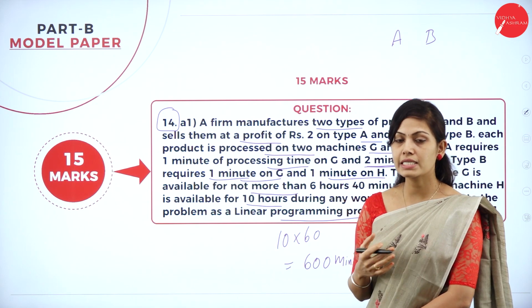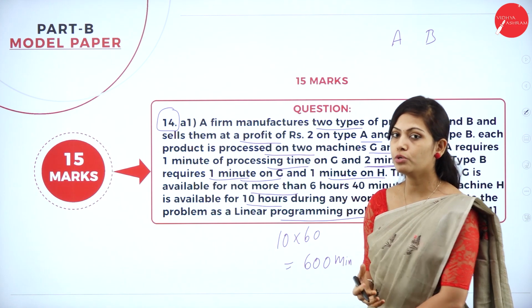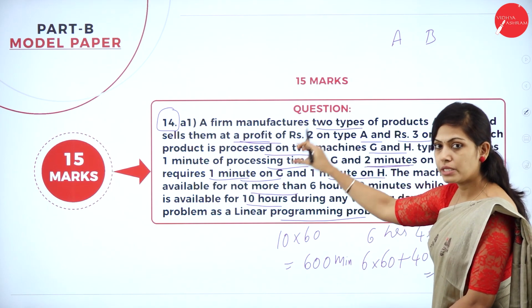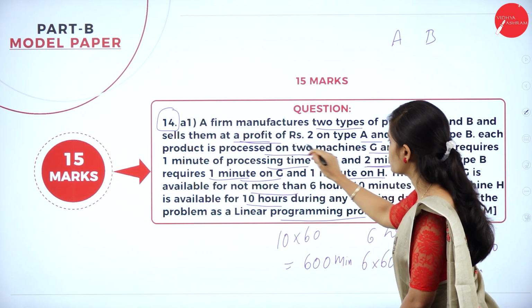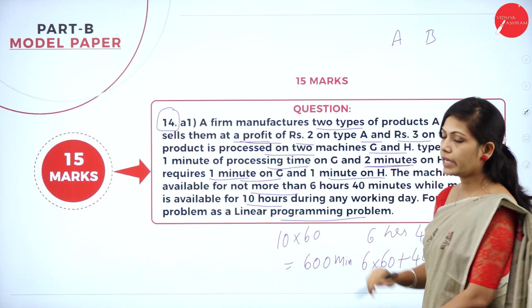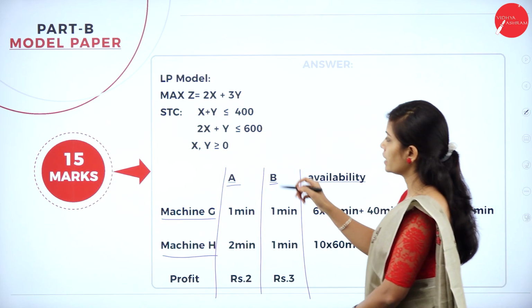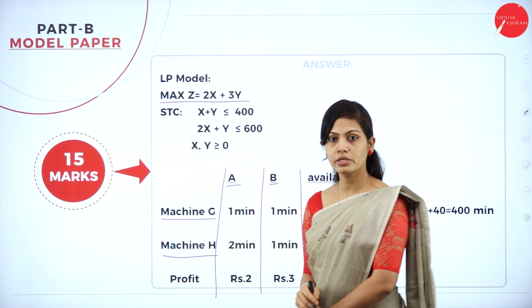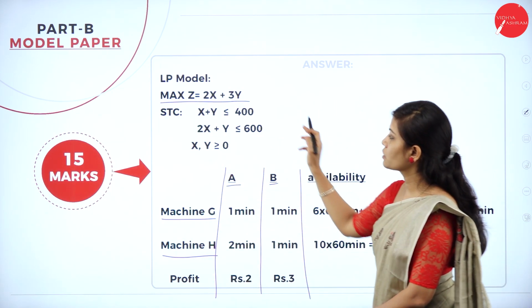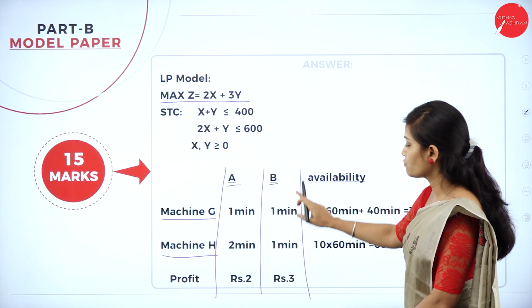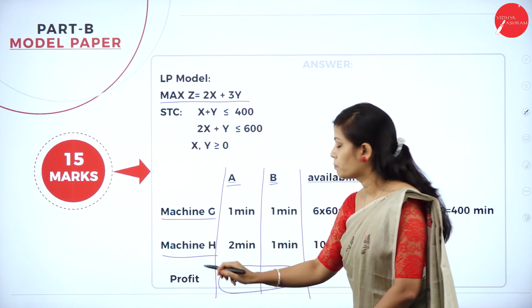Clear? Company creates, company manufactures, and company produces. And they have mentioned a profit of rupees 2 for type A and rupees 3 for type B. Profit means obviously it is a maximization problem, right? So max z = 2x + 3y, that is 2 rupees for product A and 3 rupees for product B. This is your profit.